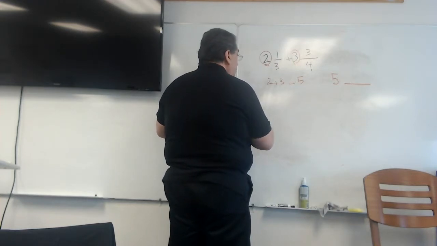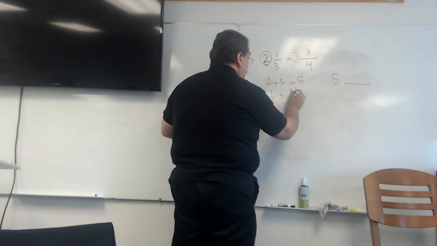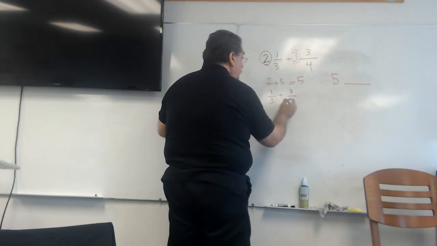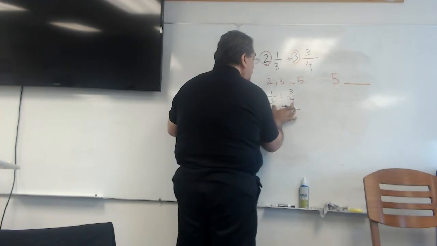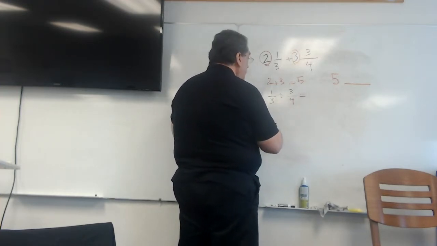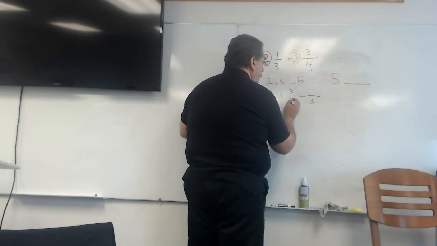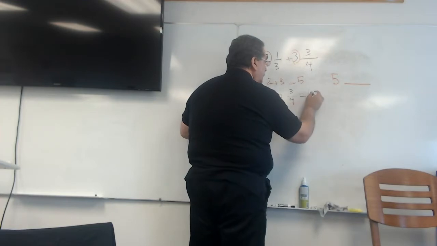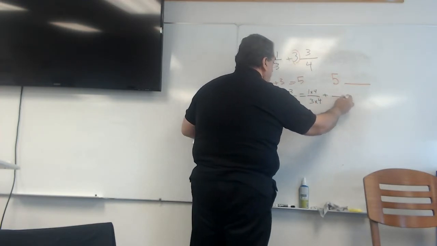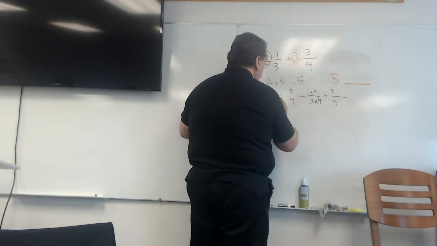Then we add 1 over 3 plus 3 over 4. In order to do that, I need to make their denominators the same. What I do is I multiply 1/3 by this denominator, and I multiply 3/4 by this denominator.